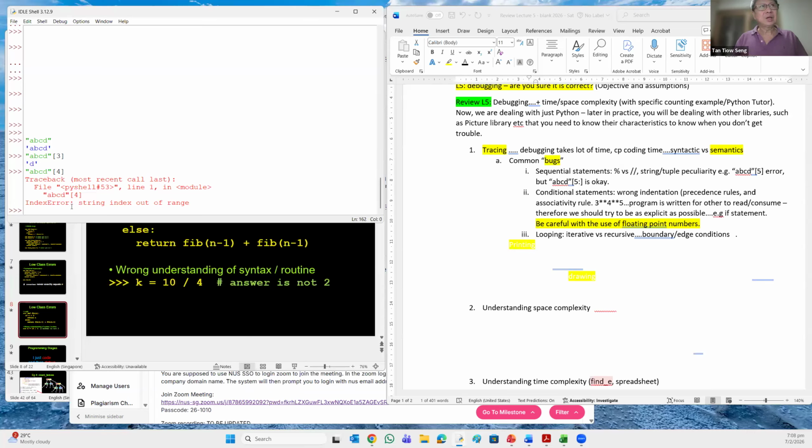On the other hand, if you say starting from 4 onward, you don't get an error, but you get an empty string.